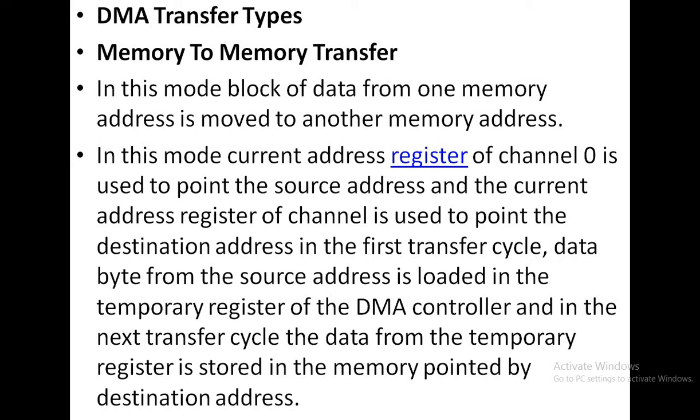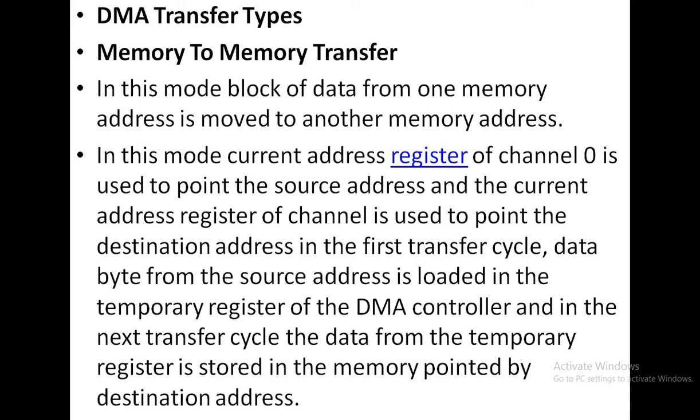The source address is given to the memory from which we are going to transfer the data, and the memory to which we are going to give the data is also given by an address, called the destination address.